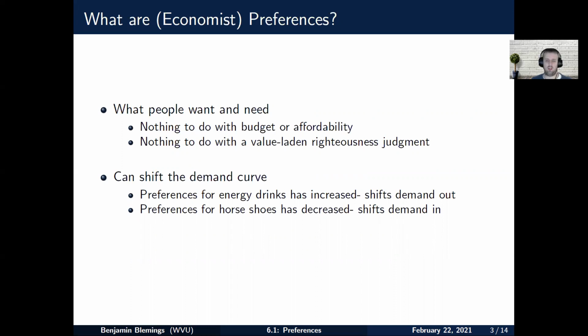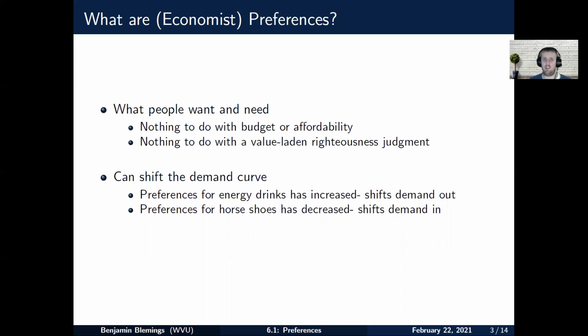We don't pass judgment on people normatively, saying they shouldn't smoke or they should consume healthy food. As an economist, we're more interested in making predictions, and we need to do that without passing judgment on those choices.